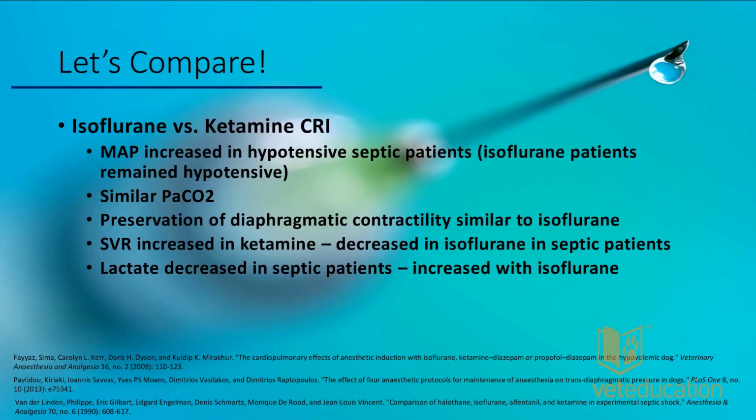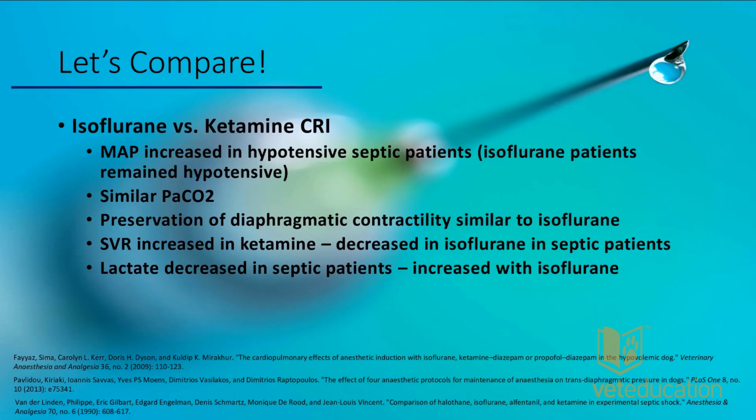Systemic vascular resistance was increased in ketamine anesthetized patients, and it was decreased in isoflurane in septic patients. And believe it or not, lactate decreased in septic patients maintained on ketamine continuous infusion, whereas with isoflurane, it increased.